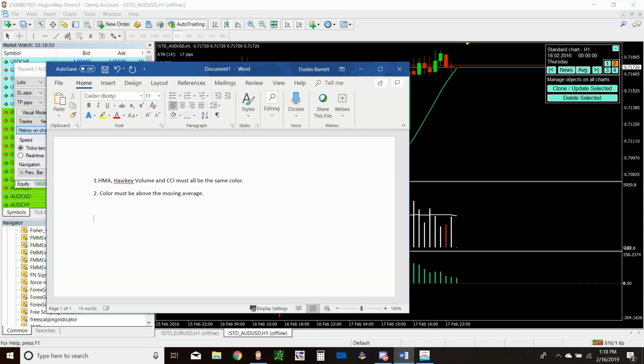And then our exit indicator will be when the HMA changes colors. We might add more to this later, but let's see where this goes.